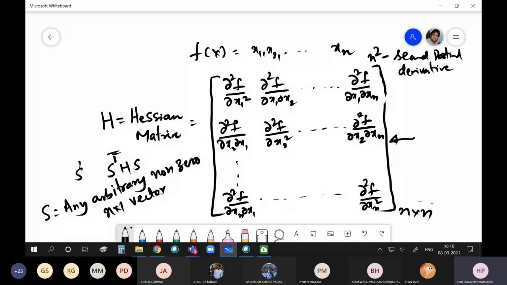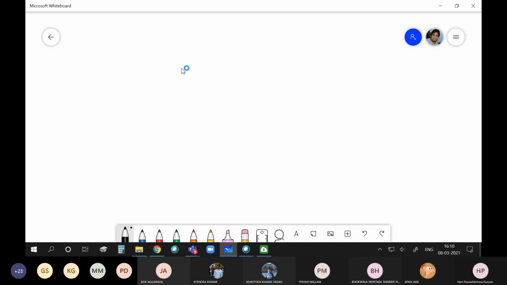we know that this is a scalar. Since S is n by 1, this will be 1 by n multiplied by n by n multiplied by n by 1, so you get a scalar.